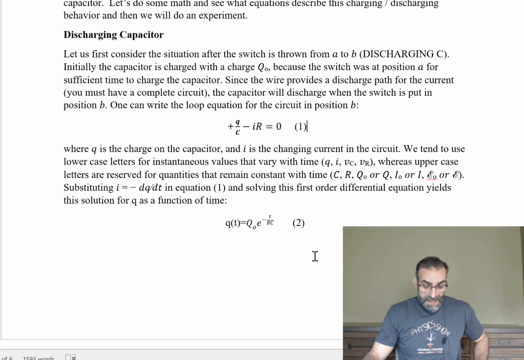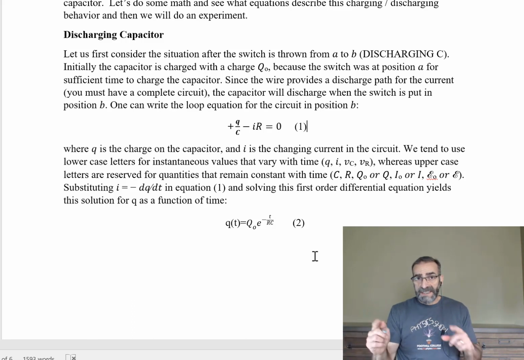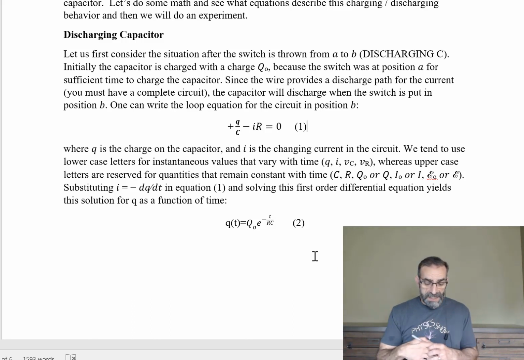So what that tells us is, let's think about what happens to the charge on this capacitor when t goes to 0 and when t goes to infinity. I like to think about those endpoints. So this is a discharging capacitor. What is the charge on the capacitor at t equals 0?